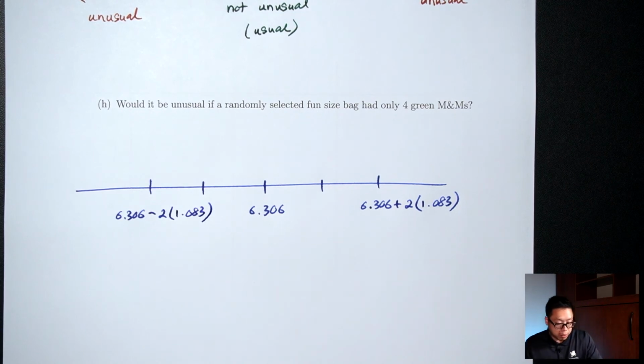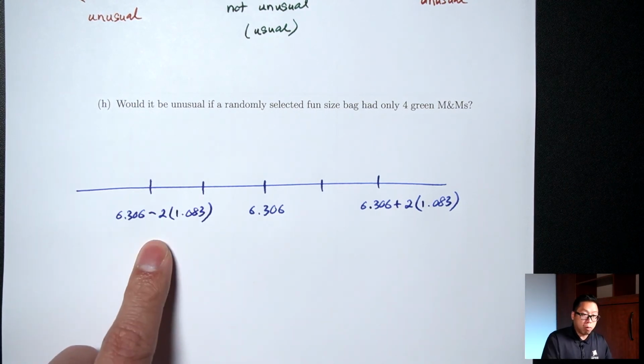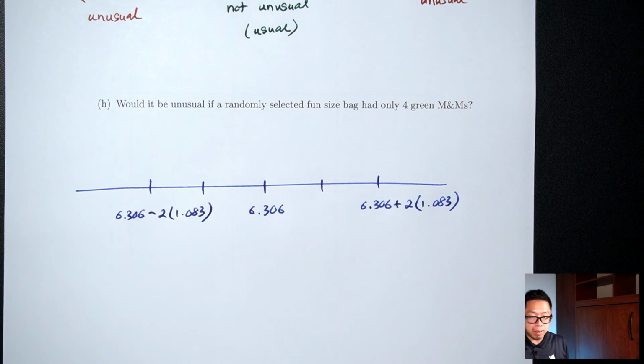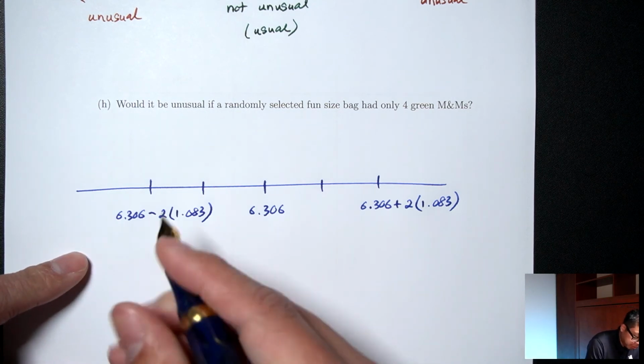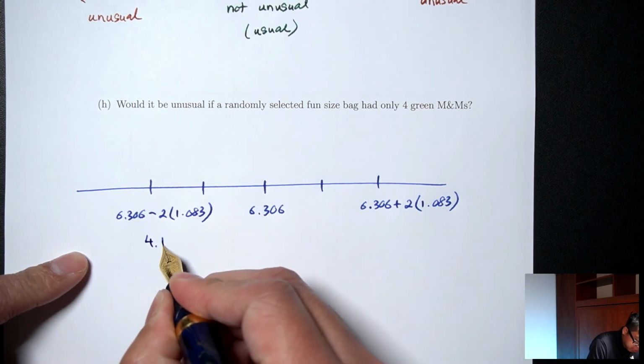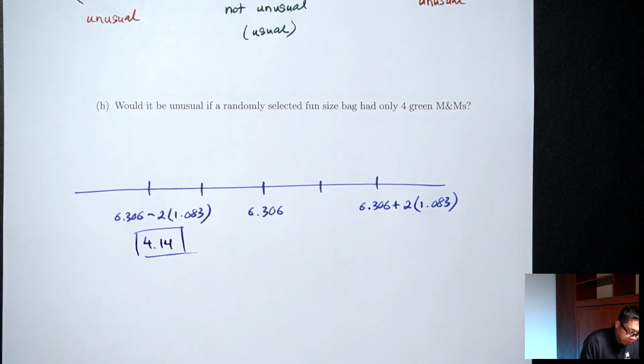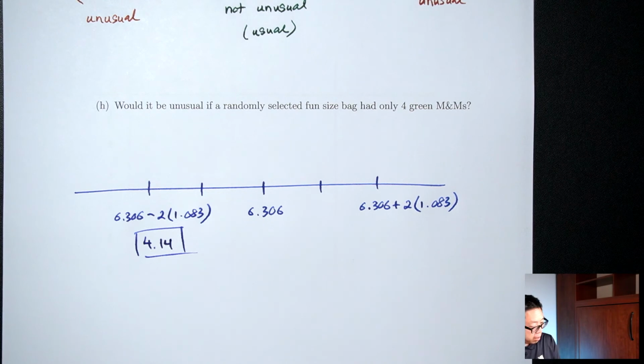Okay, let's go into the calculator and find these two. The lower one, 6.306 minus 2 times 1.083, 4.14. The upper number, 6.306 plus 2 times 1.083, 8.472.